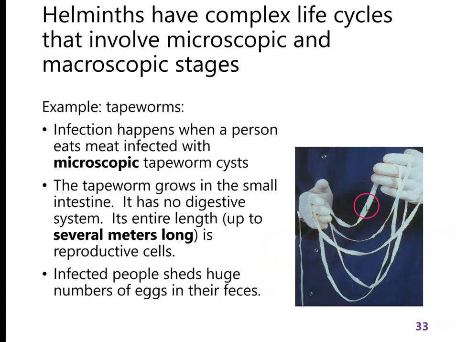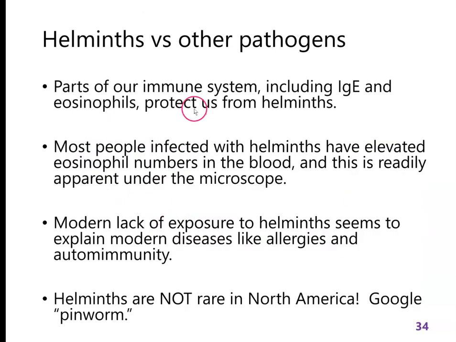So this would be an example of a tapeworm taken from a patient. It can be very long, but remember, when the person first ate the thing that gave rise to this, it was microscopic. So a microscopic tapeworm cyst inside meat. And then there are others that are little worms we eat.